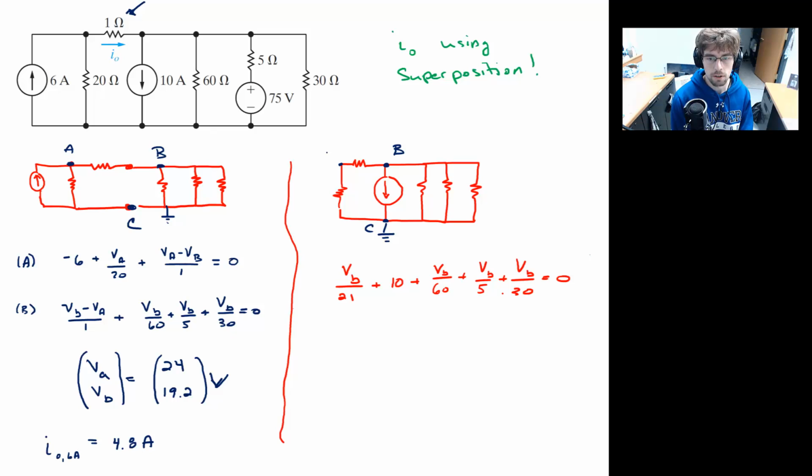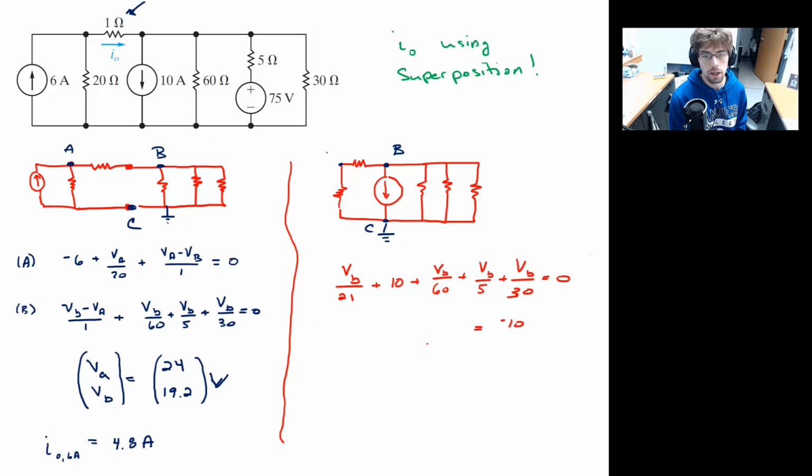Well, spiffy. Move the 10 to the other side, so we get that negative 10 here. I'm sure we could come up with it, but let's just check it real fast. There we go.